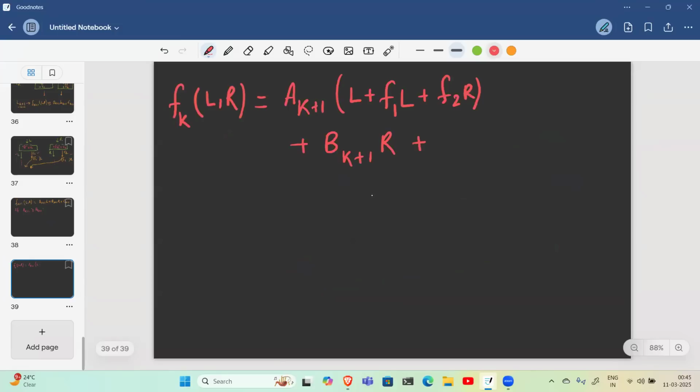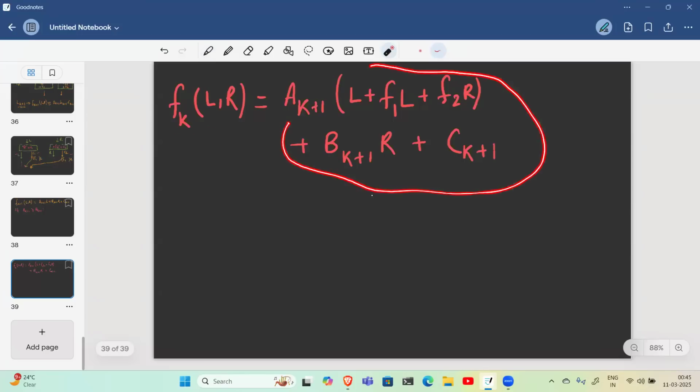And then we have c_{k+1}. So basically, I know f_{k+1}. I am trying to write f_k(L, R) in terms of f_{k+1}, isn't it? I'm just correctly plugging in the values, how many people pass through the (k+1)th layer.